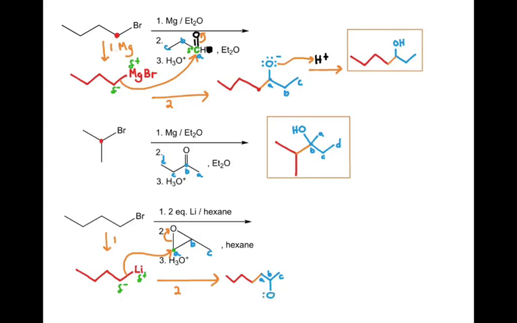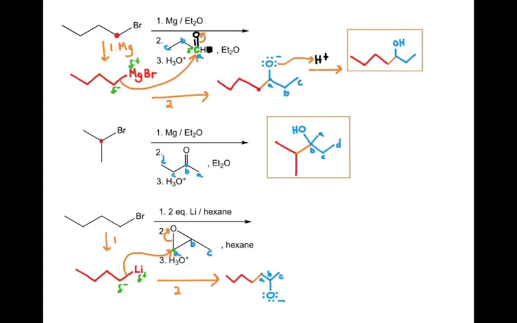So that oxygen will again have 3 lone pairs, right? The original epoxide had 2 lone pairs. The 2 electrons from the bond between carbon A and O now became our 3rd lone pair, giving this oxygen a negative charge.